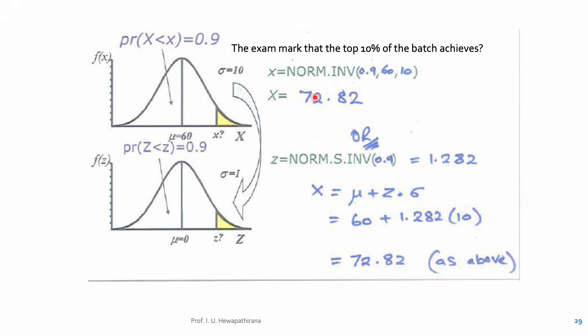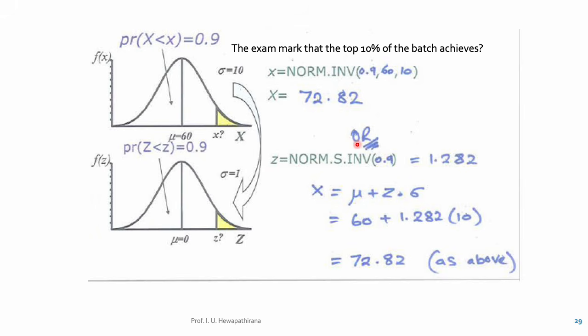So we use the norm.inv function. Probability is 0.9. The mean of the distribution is 60 and the standard deviation is 10. So the value of x here is 72.82. So the exam mark that the top 10% of the batch achieves is 72.82.